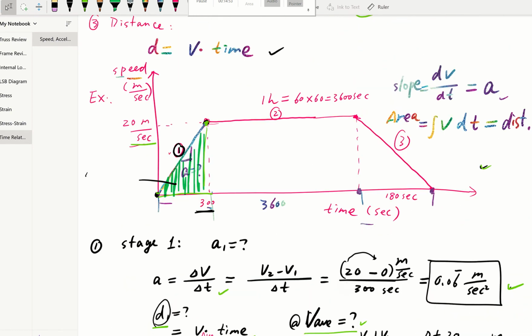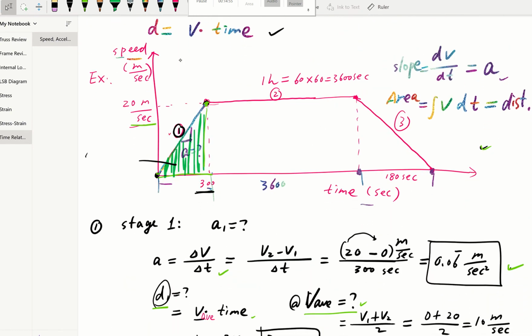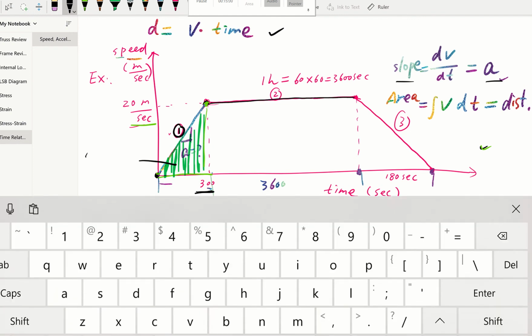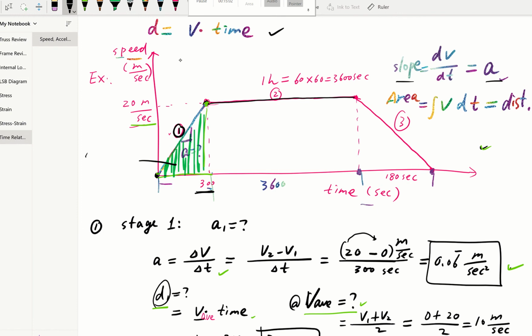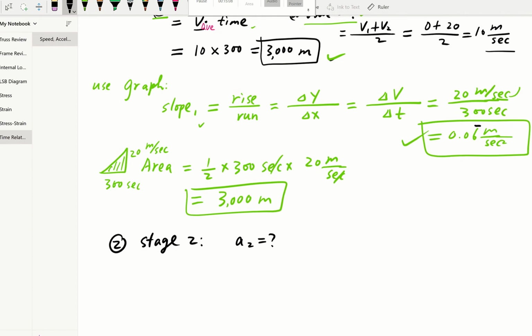Acceleration is going to be the slope. What's the slope of this constant line? That's right. The slope here is 0. So in other words, my acceleration will be equal to 0.